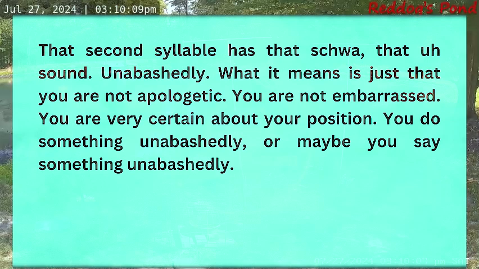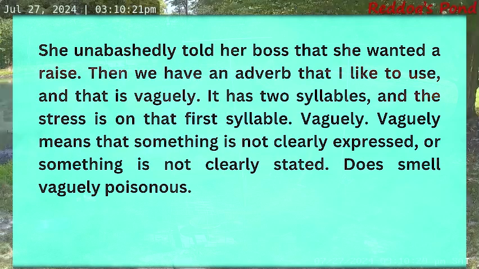What it means is just that you are not apologetic. You are not embarrassed. You are very certain about your position. You do something unabashedly, or maybe you say something unabashedly. She unabashedly told her boss that she wanted a raise.